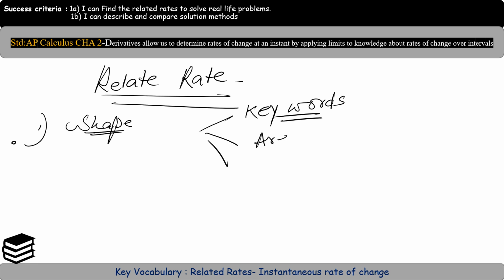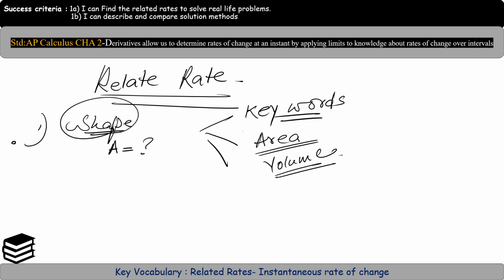Are they talking about finding the area, or the volume, or something else? If they are talking about the area, write the formula for the area of that shape, or for the volume, write the formula for that volume.